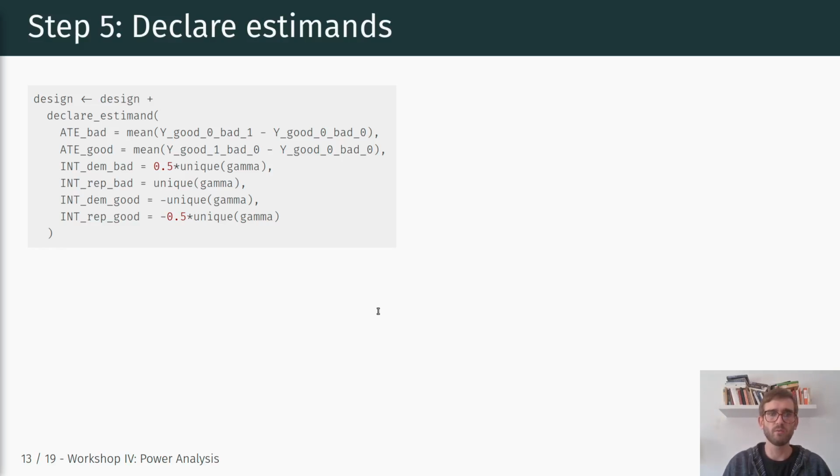Okay, so what we're going to do here is focus on 6 different estimands that we want to examine the power for. The first 2 are basically just the average treatment effect of the positive and the negative treatment, which is just the average difference between the treatment condition and the control condition for the positive treatment and the negative treatment. We're doing this now using the declare_estimand command.